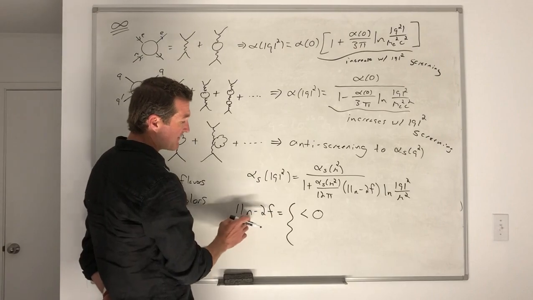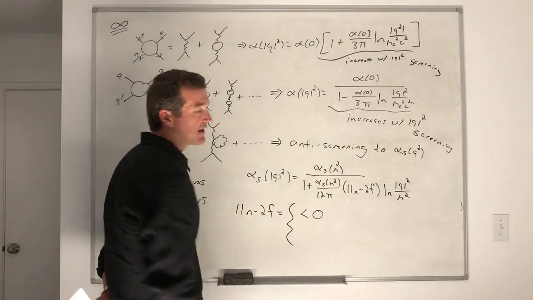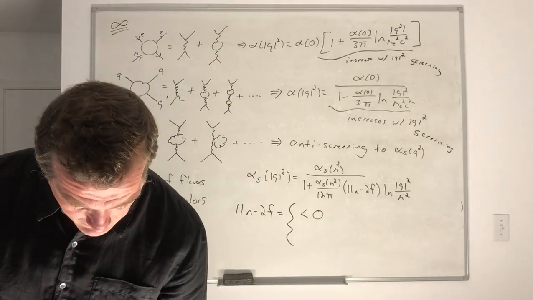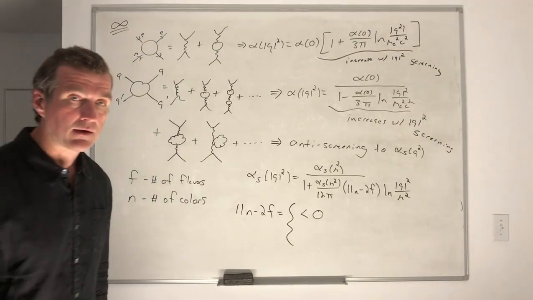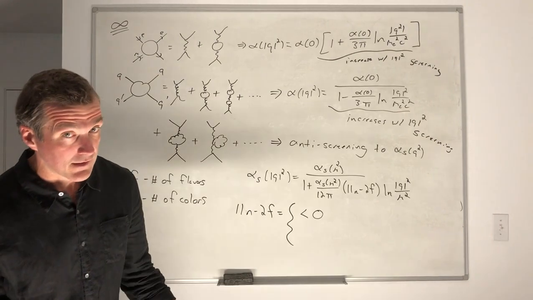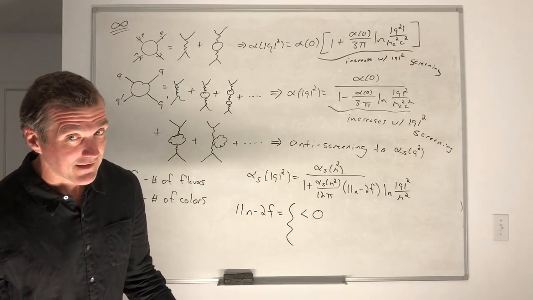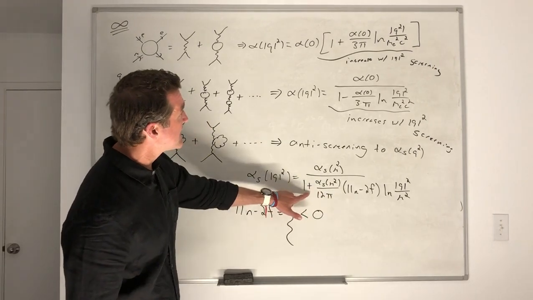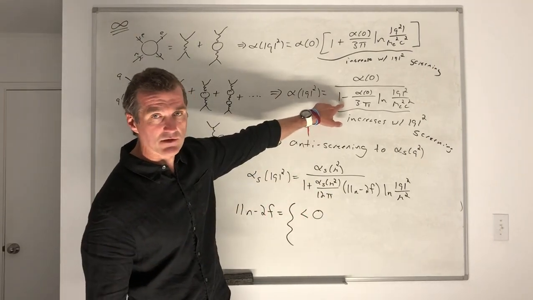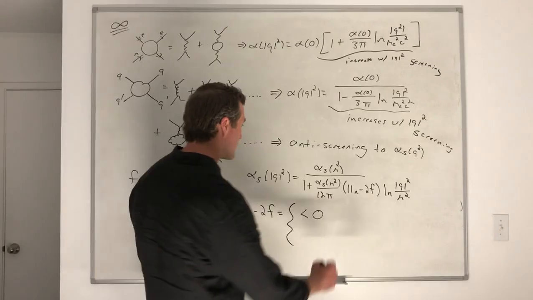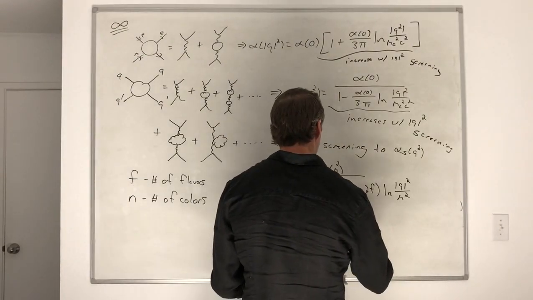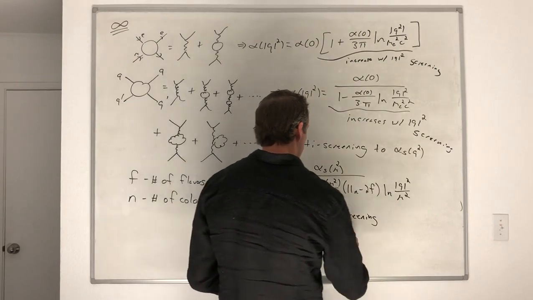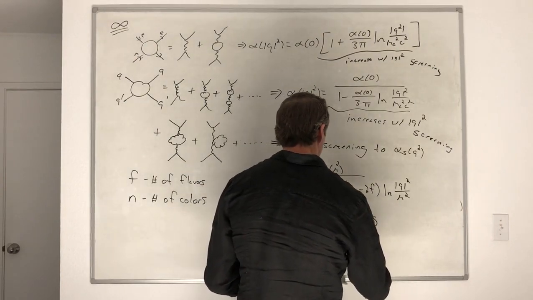If 11n minus 2f is less than 0, which wins, the screening or the anti-screening? The screening, right, because if this is negative, then that changes this to a negative, which is basically the result here. Okay? So here we have screening. Which of course means if it's larger than 0, then anti-screening wins.